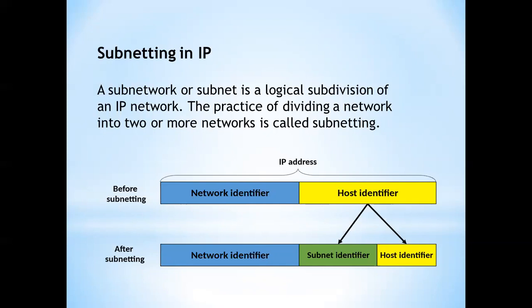Now continue with the same example taken at the beginning of this subsection. The growing company should start with a class B address instead of class C, and then the number of hosts is from 1 to 254. When a second LAN is to be installed, the 16-bit host number can be split into a 6-bit subnet number and a 10-bit host number. This means the host part is split into a subnet identifier as well as a host identifier.